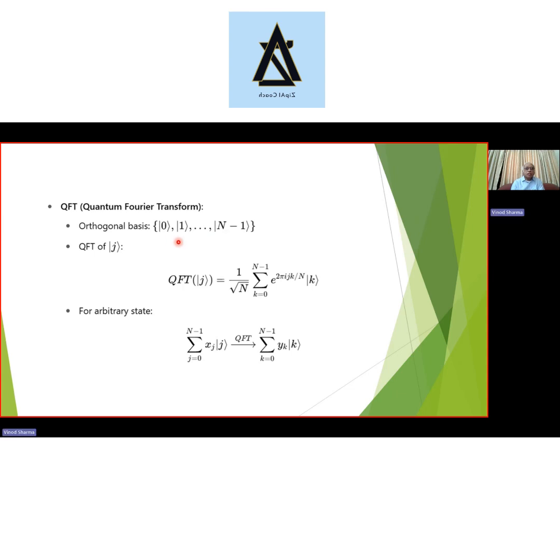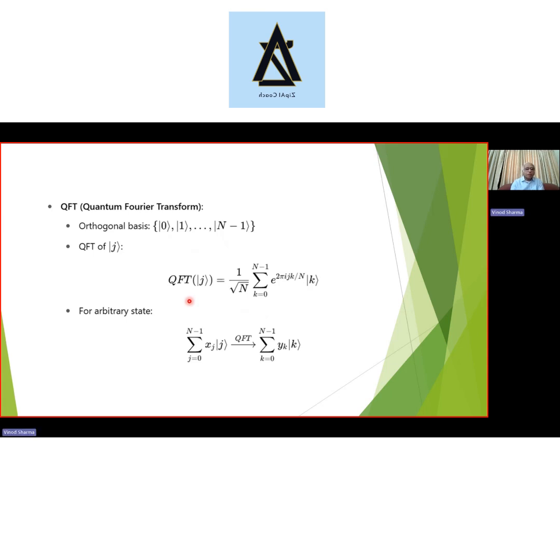And these will be in two-qubit space, and we know that these form an orthonormal basis. For vector j in this, QFT of j is given by 1 by square root of n, sigma k equal to 0 to n minus 1, e raised to power 2 pi i jk by n, and we are taking vector k here. So if you see this definition, it's very close to the DFT in the classical domain.